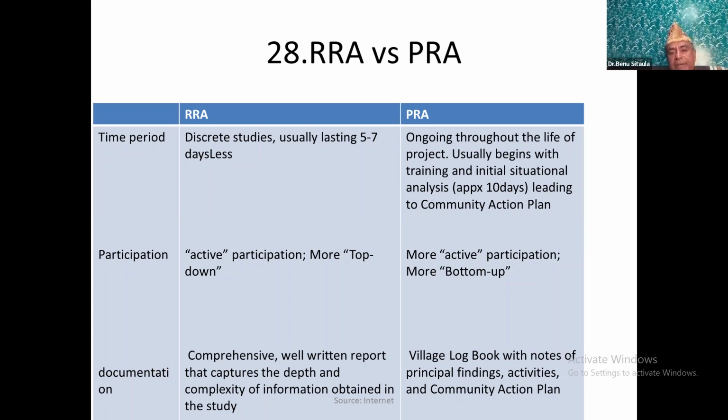But in PRA, active participation is from bottom to up. And if we talk about documentation, in RRA it is a comprehensive, well-written report that captures the depth and complexity of information obtained in the study. But in PRA, it is a village logbook with notes of the principal findings, activities, and community action plan.